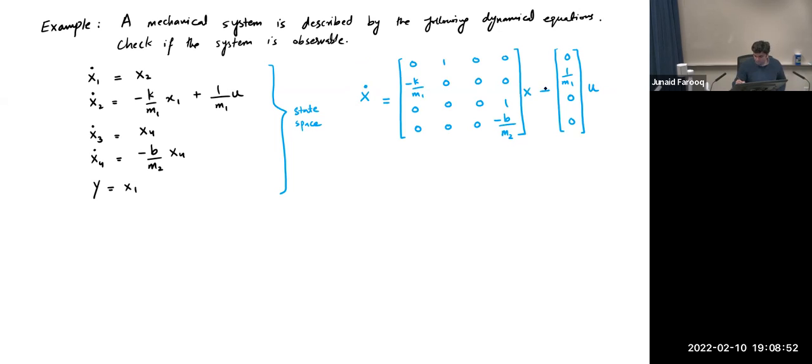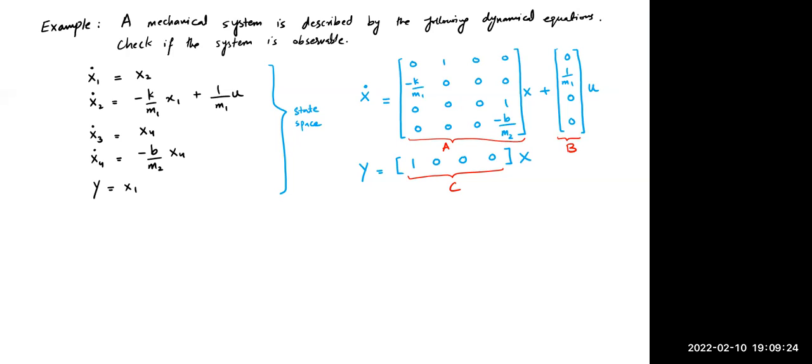Right, so this is x, and then we have A, B, and a u. And for the output, it's going to be written as Cx, and then there is no D here, so the C can be observed to be this vector. Okay, so this is the C, this is the B, and this is the A.